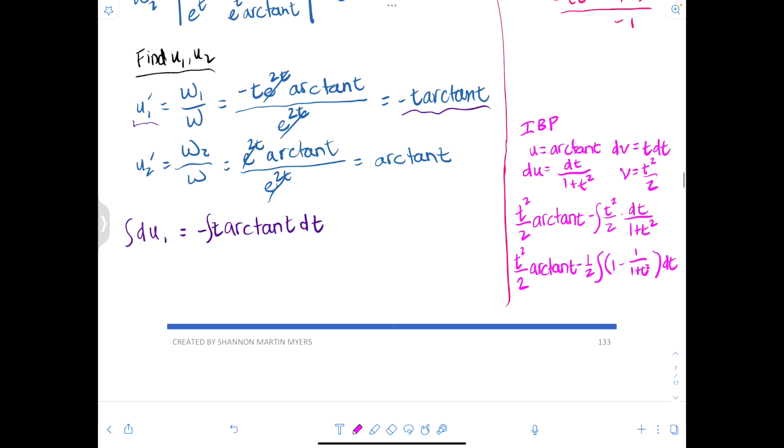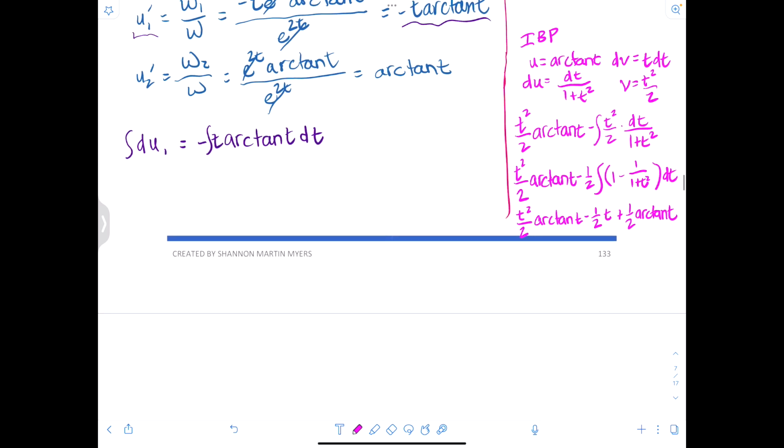All right, so that will be t squared over 2 arc tangent of t minus 1/2 times t plus 1/2 times arc tangent of t.